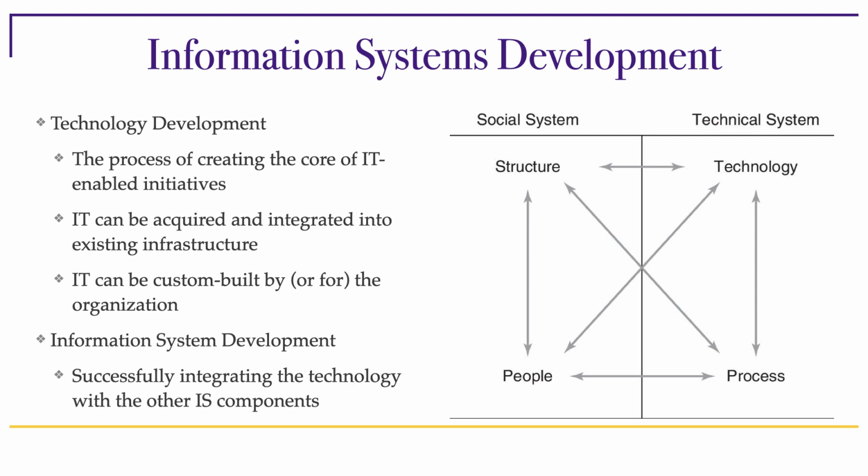But it's very critical that throughout this chapter, you always remember that technology itself will not deliver any information processing capabilities, which is the objective of building information systems. So while we speak a lot about technology here, information system development also includes the steps necessary to successfully integrate the technology with the other components or elements of the information system.